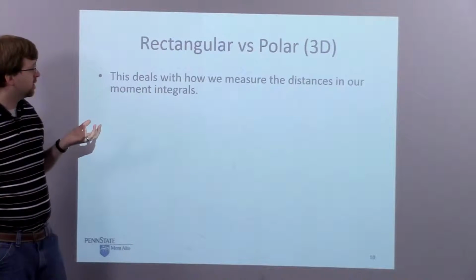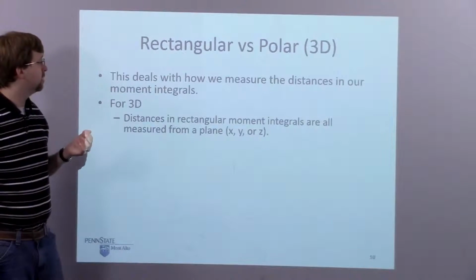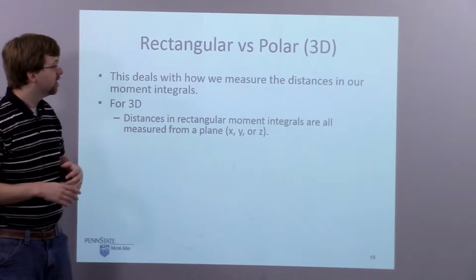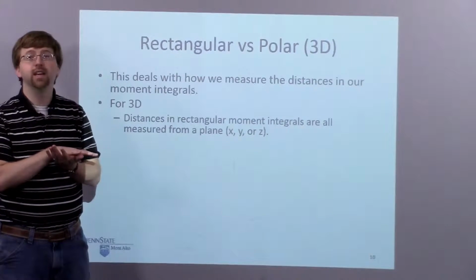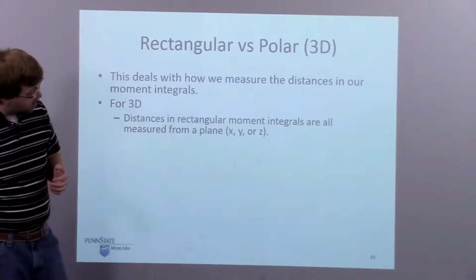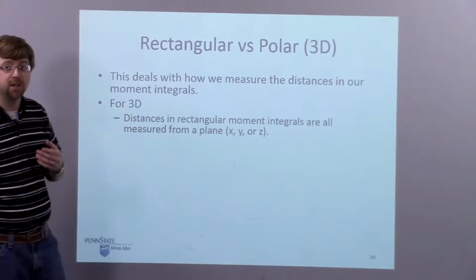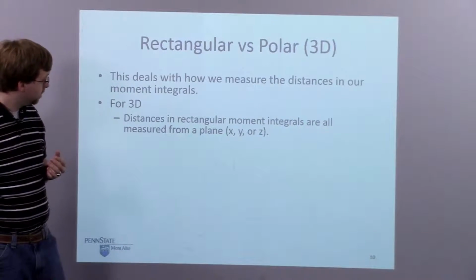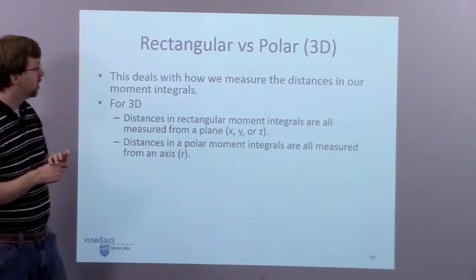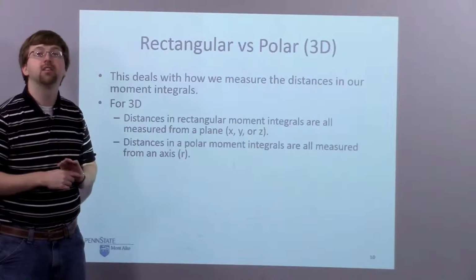Alright, now if we deal with this in 3D, the distances in 3D are all measured from a plane. So this is going to be out from the xy plane, out from the xz plane, etc. And it's going to coordinate with the x or y coordinate again. And the distances in polar moment integrals are all going to be measured from an axis for 3D problems.